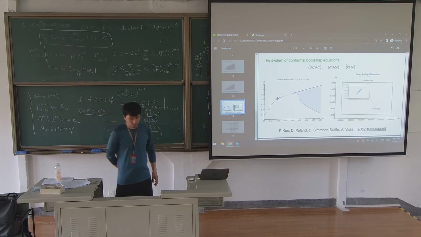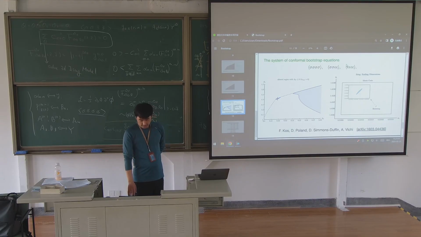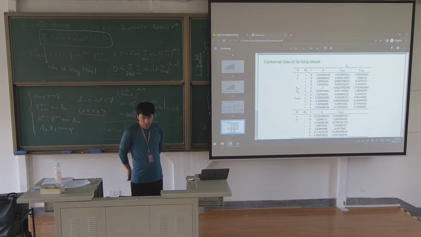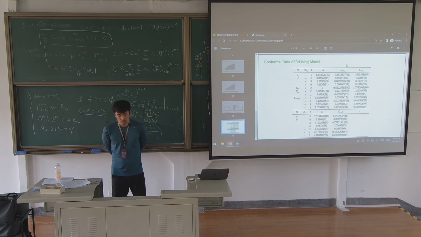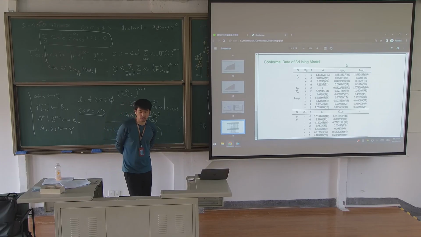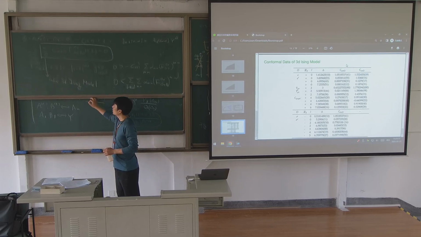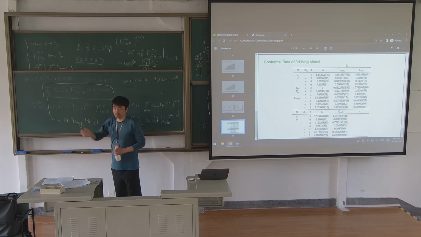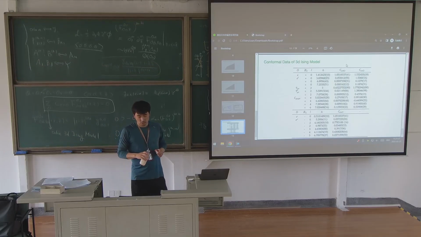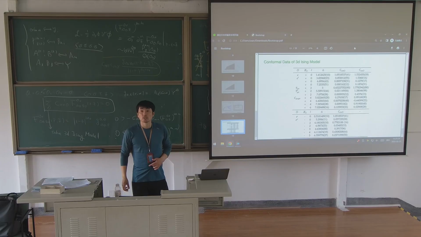Of course, you have to use a computer to determine the conformal data of the 3D Ising model. So this is one of the remarkable results of solving the conformal bootstrap equation given here. Using conformal symmetry, one can solve the Ising model in 3D. That's what I wanted to explain today.